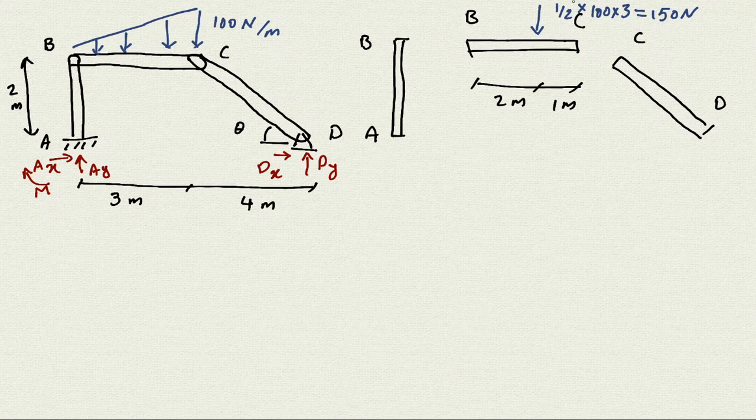So the distance is going to be 1/3 of the 3 meters, which is 1 meter. So that's where that force is going to be applied. We have the AY, we have the AX, and we have the M, the moment.